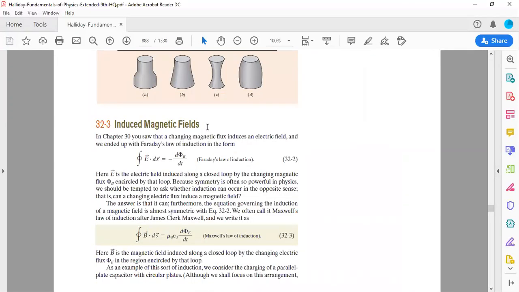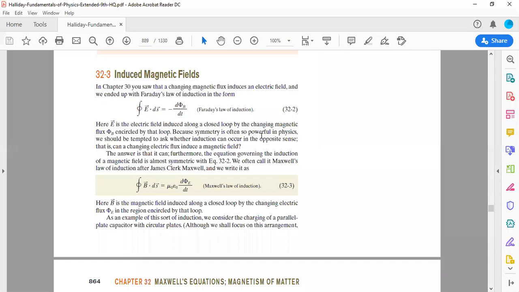And then induced magnetic fields and Maxwell's law of induction.